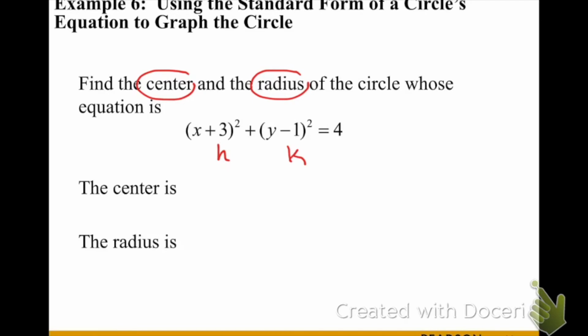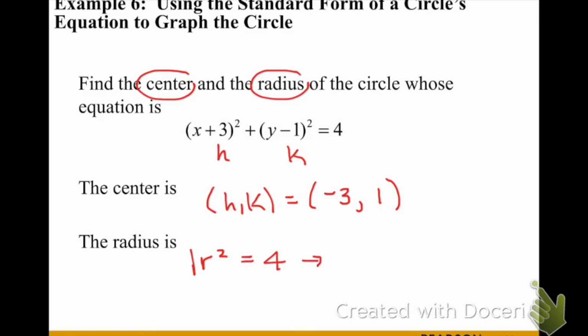So we have to take the opposite of the coordinates that are found in our equation. So the center here is going to be at (-3, 1). Then to find the radius, since in the standard form of the equation of the circle we're always equal to r squared, and if r squared is equal to 4, we can square root both sides, making our radius for this circle 2.